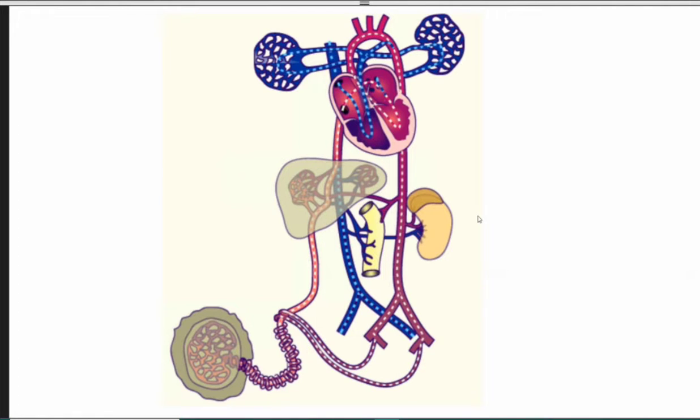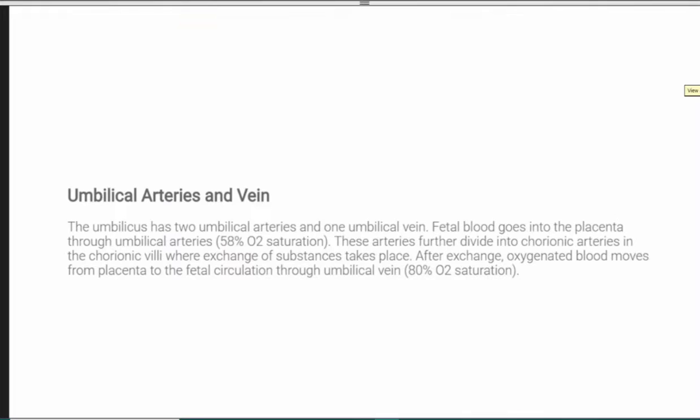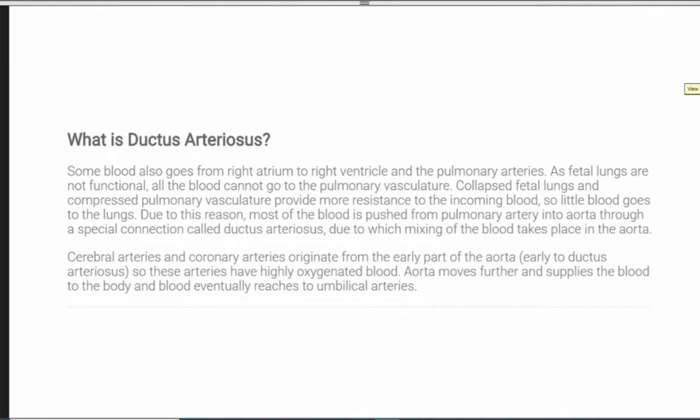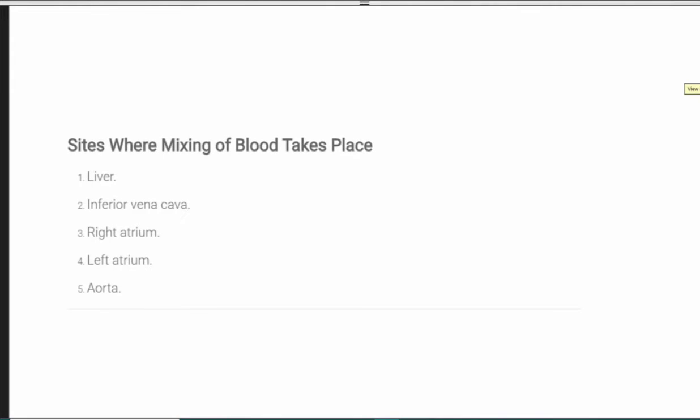This is another diagrammatic representation to show what happens in fetal circulation. These are the anatomy and function of the umbilical arteries and veins, ductus venosus, foramen ovale, ductus arteriosus.